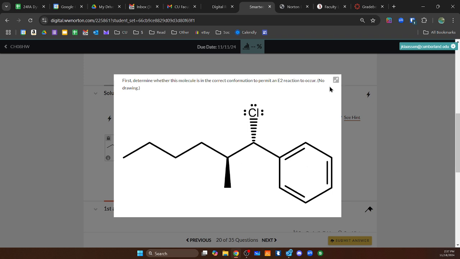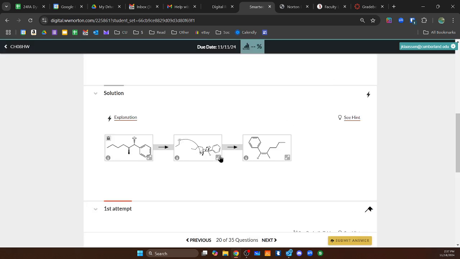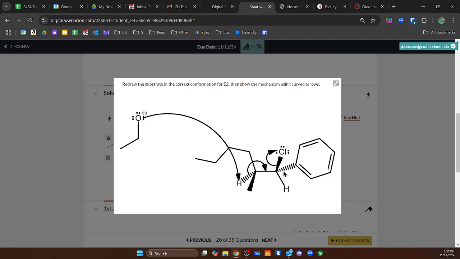And so notice this bond here was in the plane. It's now going to be into the plane. The hydrogen that was out towards you is now going to be in the plane. And then that chloride that was away from you is now going to be towards you. Just as if you'd taken a fidget spinner and spun it a third of a cycle. Okay, that's what we did here. We spun that fidget a third of a cycle. And that gave us this geometry on this side.